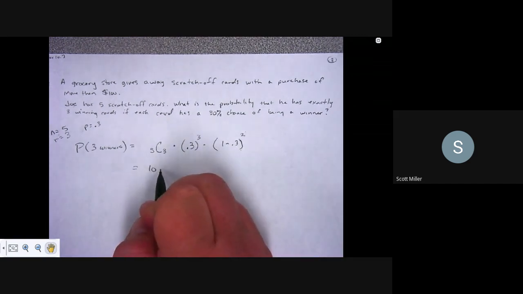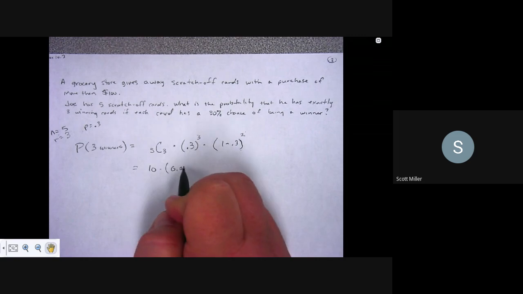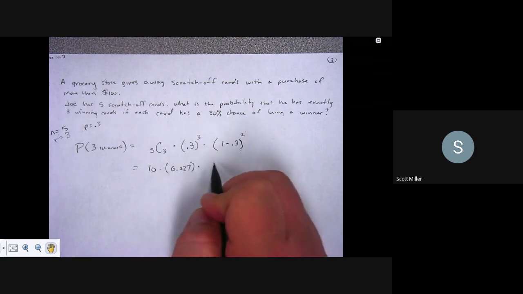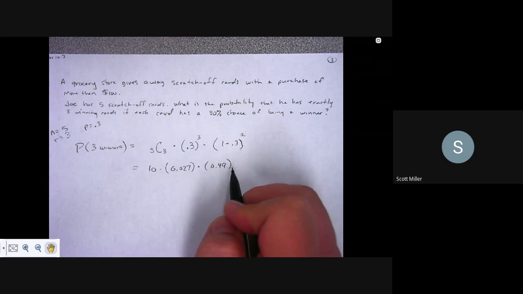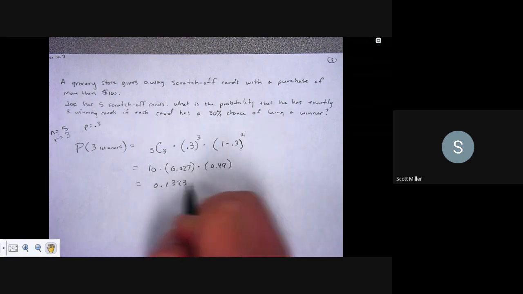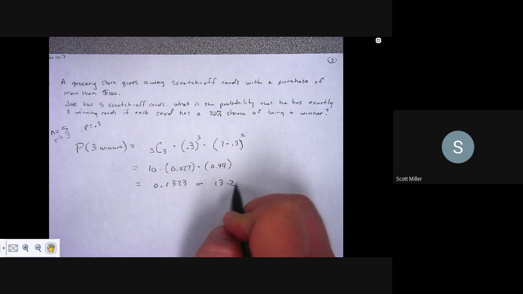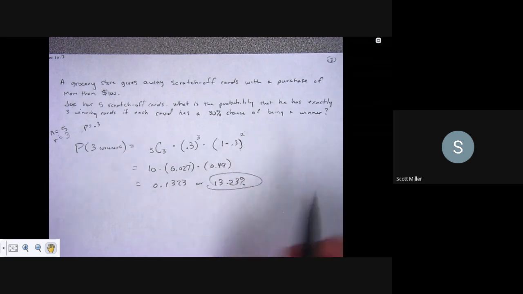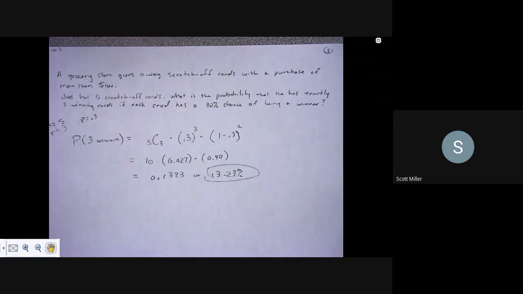This will be 10, this will be 0.027, and this over here is going to be 0.49. And so you multiply all that together, and you're going to get 0.1323, or 13.23%. And so that's how you can do a problem like that.